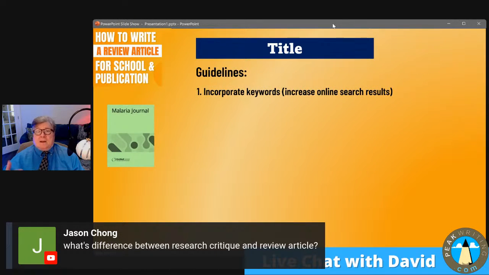Why? Editors want people to read the articles. That means that people have to be able to find the articles. And that's why you see this important emphasis on keywords in the title, abstract, and the list of keywords.